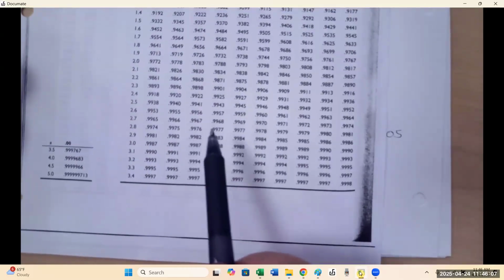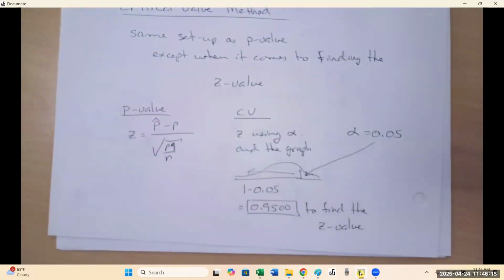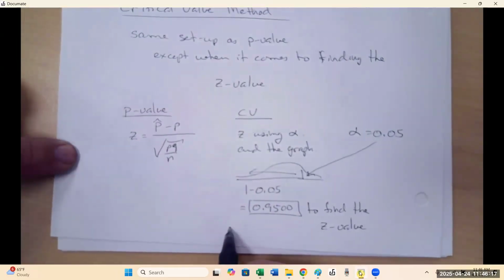So we look at our chart for the closest we can get to 0.9500. It's between 1.64 and 1.65. So z is equal to 1.645.